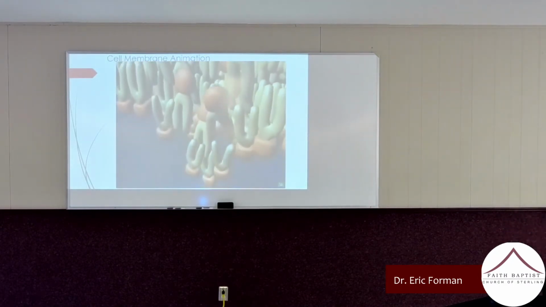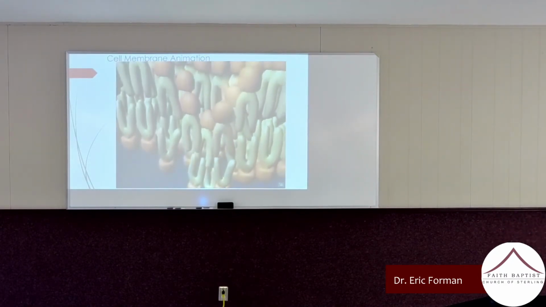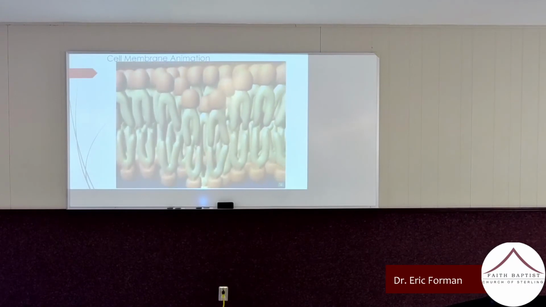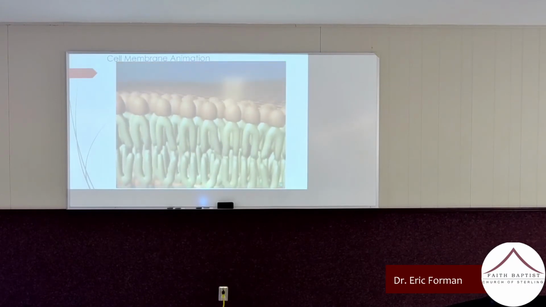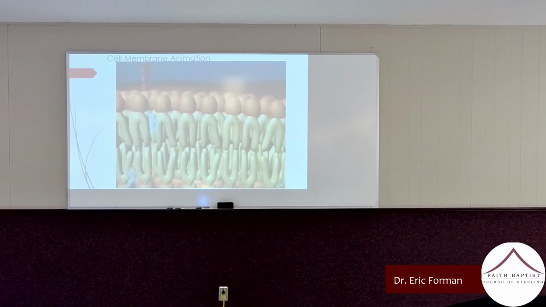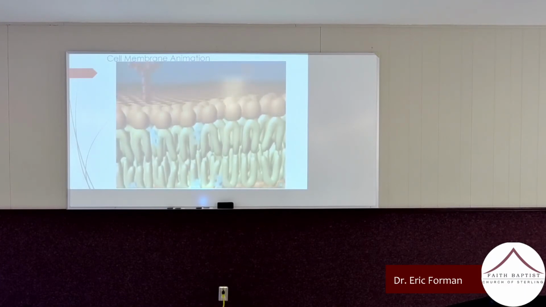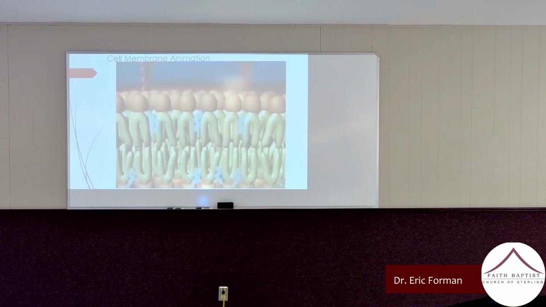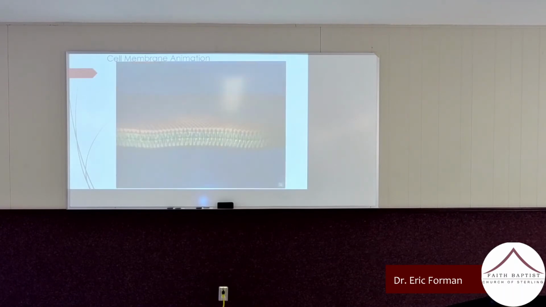The lipid molecules of the membrane naturally assemble in a double layer because their tails repel water as their heads attract it. Throw in some cholesterol and a few carbohydrates, and you have the basic structure of a plasma membrane. Within these lipid molecules, we also find different proteins which do various things for the cell.